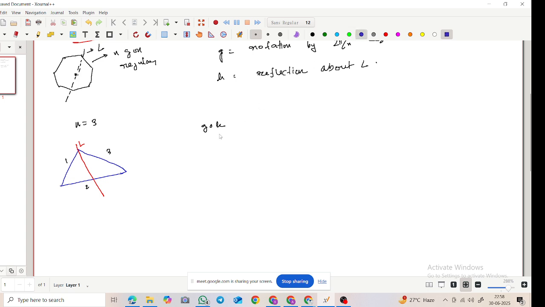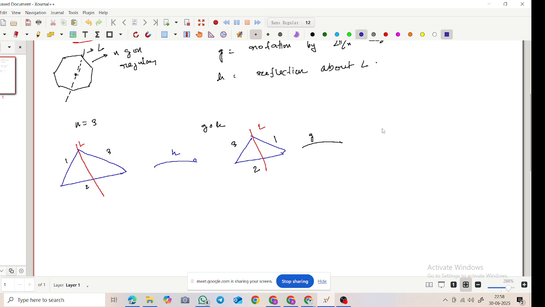So first you do H, okay? That is the reflection, right? So after having applied H, what will you get? You will get this, right? Then you apply G.